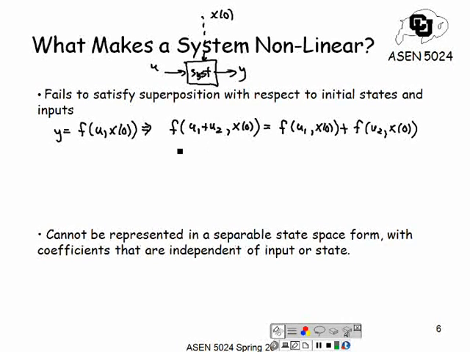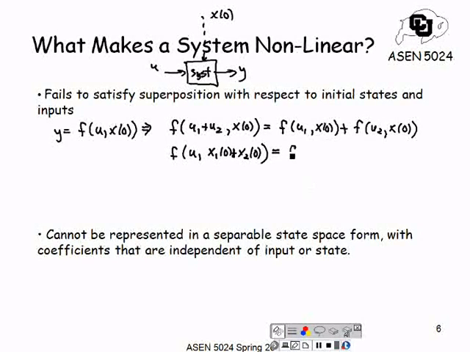We could do the same thing with respect to states. If I had two different initial states, x1 and x2, and I add those together, and I look at the system's response due to that sum of initial conditions, what would you expect to see on the right-hand side here?